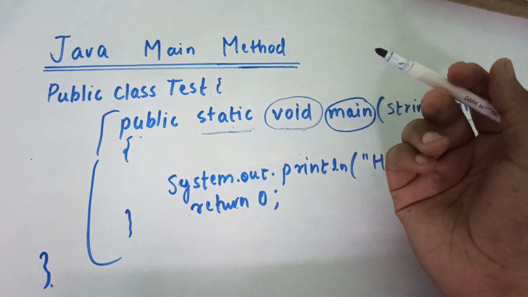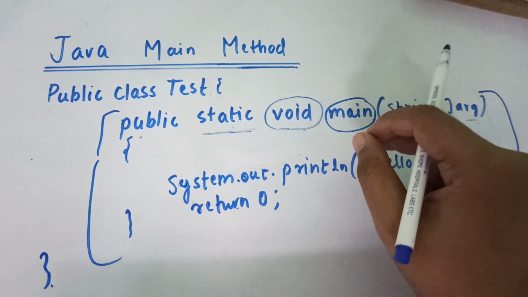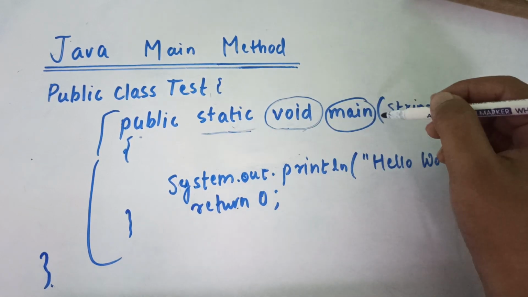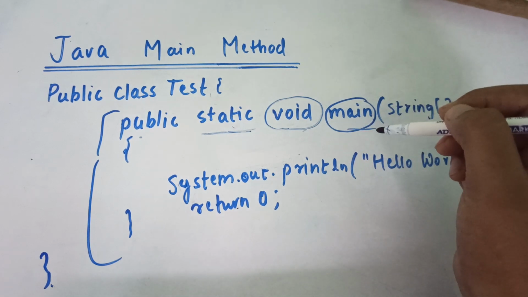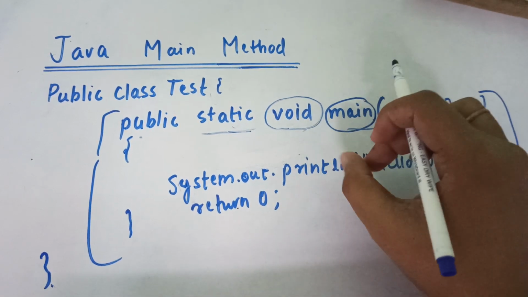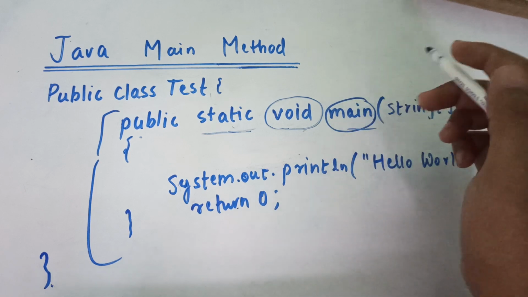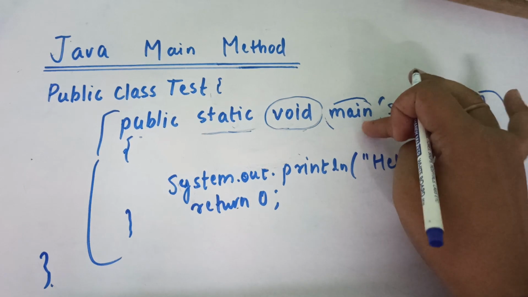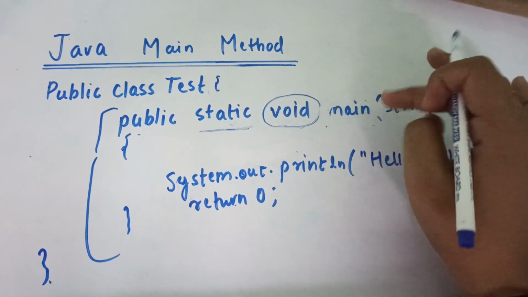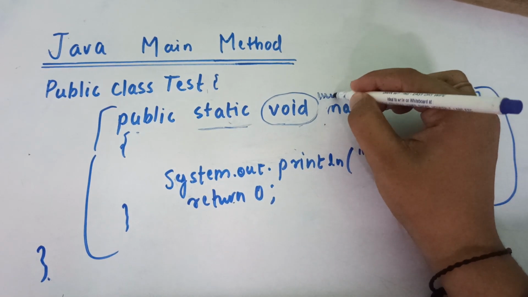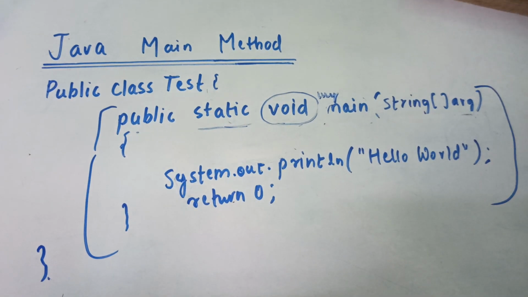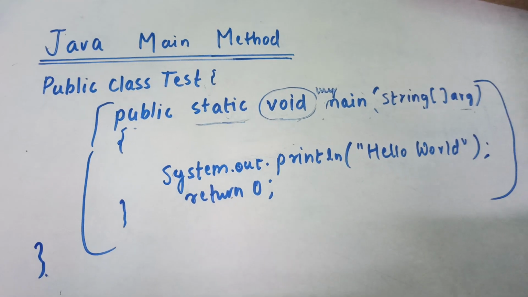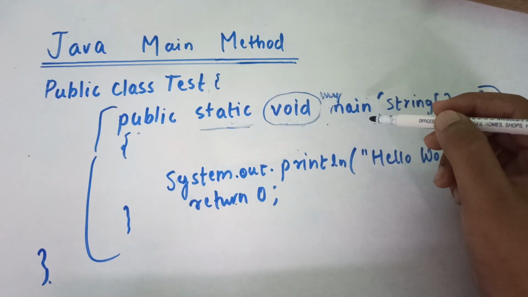And we already know that the Java main method is always named main. When a Java program starts, it always looks for a main method. The following code shows that if I rename the main method, say to my main, it will again return an error, because it will say that the main method is not found.